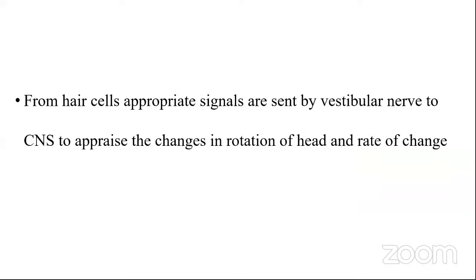From hair cells, appropriate signals are sent by the vestibular nerve to the CNS to apprise it of changes in rotation of the head and rate of change.